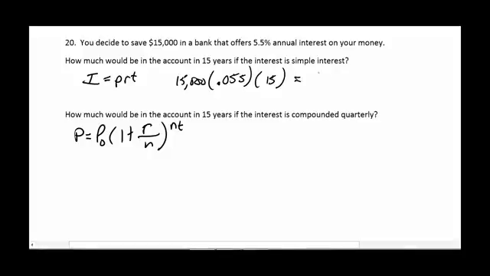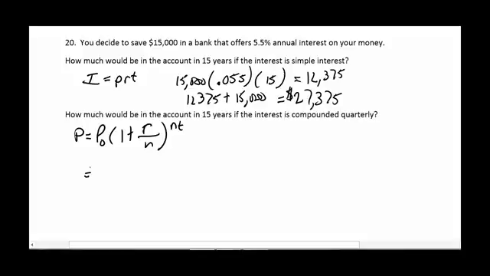Okay, so I'm getting 12,375. But I want to add that on top of the 15,000 that's already in there, because that amount's not going anywhere, it's still sitting in there. So I've earned around 12,000 in interest. That's nice. So I would expect there to be $27,000 sitting in the account.